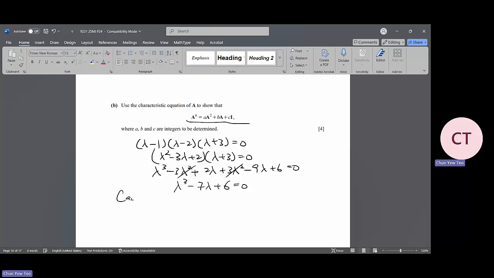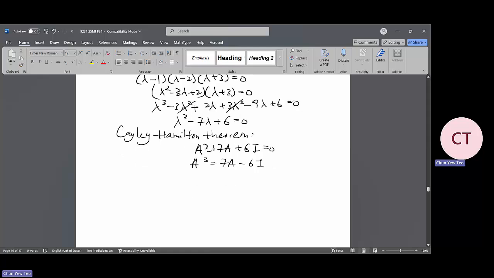And from the Cayley-Hamilton theorem, we get A cubed minus 7A plus 6I is equal to 0. So your A cubed is equal to 7A minus 6I.